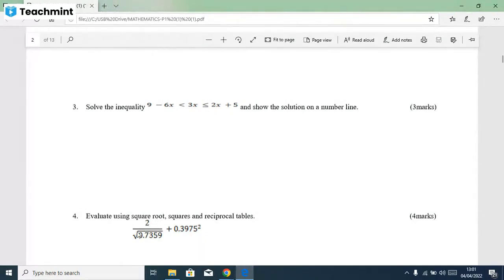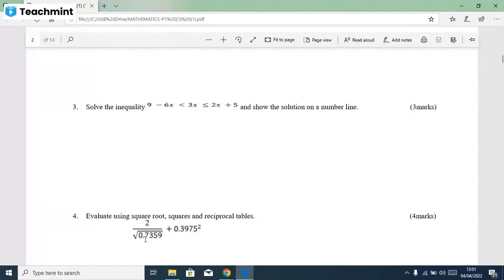After finding the square root of 0.7359, you find the reciprocal of the answer. From the reciprocal tables, you find the reciprocal of the square root of 0.7359.